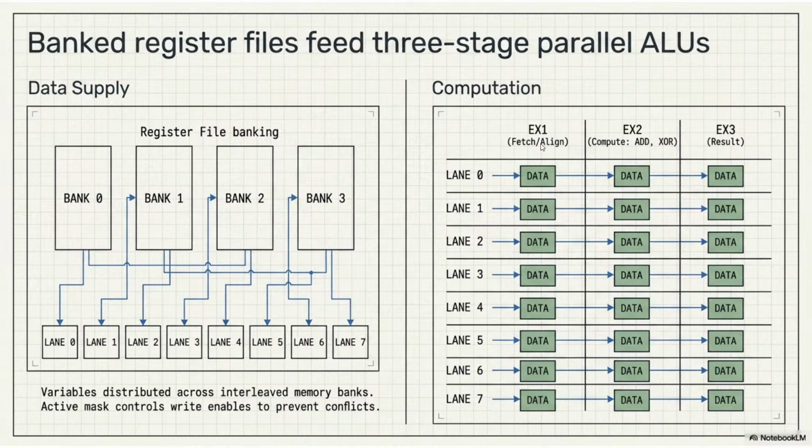So in the first stage, it fetches data, for example, from the register files, right? And then it computes that data and gives the result back, right? So it could be divided into three stages, to improve the frequency or divide the workloads, right?